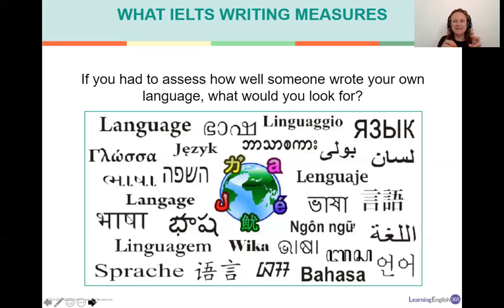If you've said the graph shows something, then it needs to show it. You know, it has to be there in front of you. So yes, you'd be looking for those things if you were reading someone's writing in your language, if your language wasn't their first language.